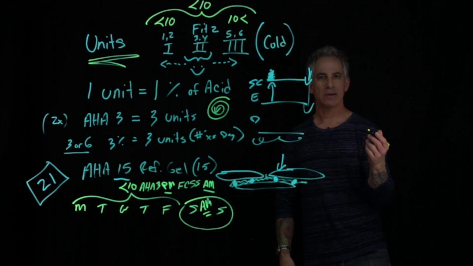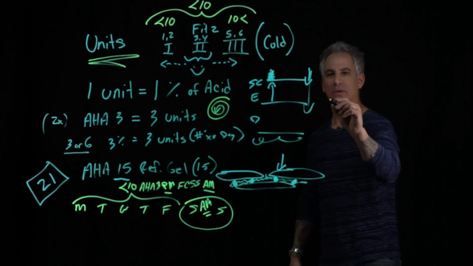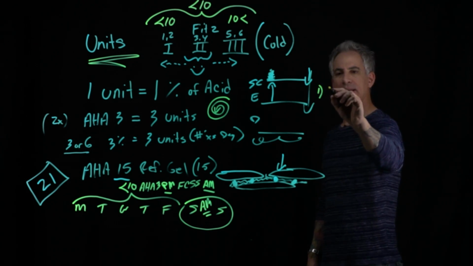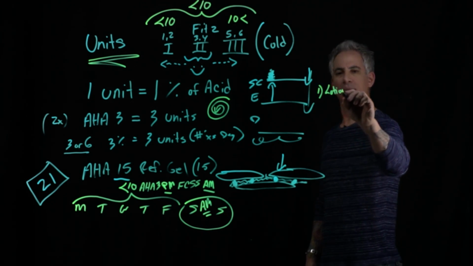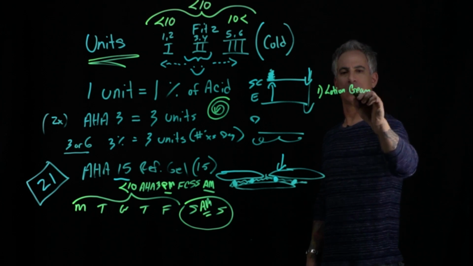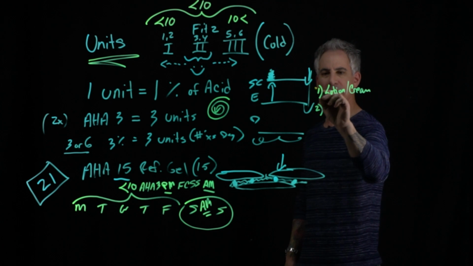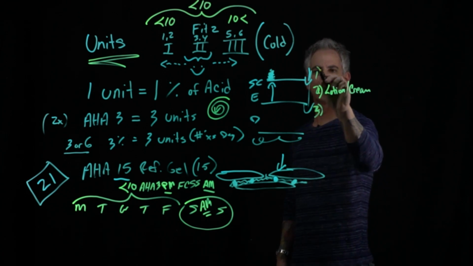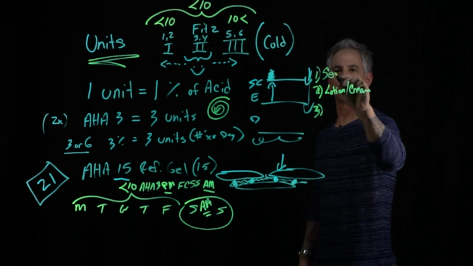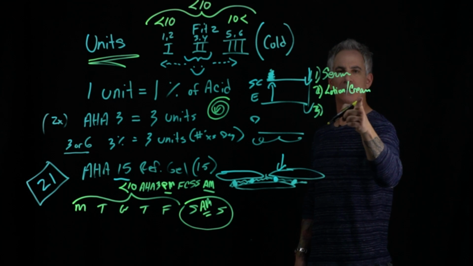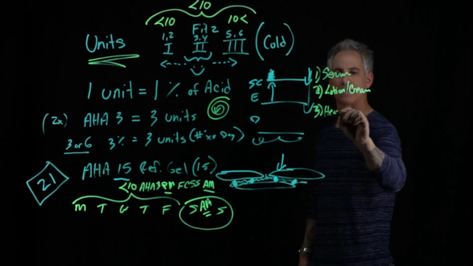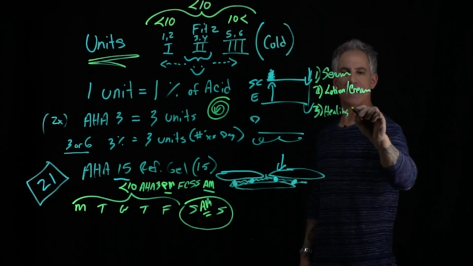In the evening, this is the protocol that I would go over. One is a lotion or cream. Two, oh, I'm sorry. This is two, this is three, this is one. Serum, lotion and cream, healing mask.